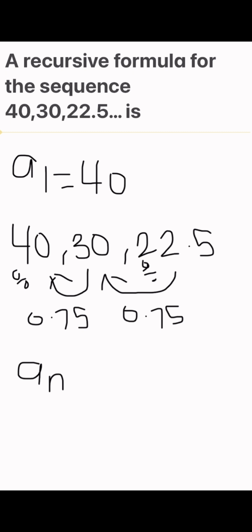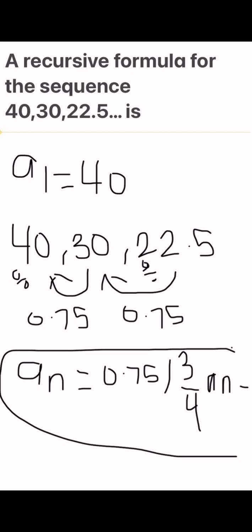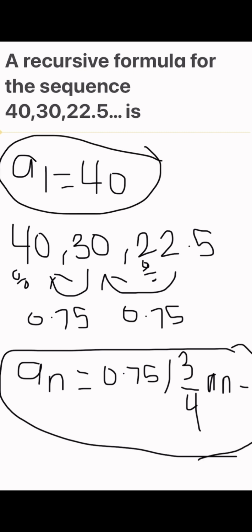A sub n means any term, equals the common ratio, 0.75, or 3 over 4, because those equal the same thing, times a sub n minus 1. And then there you have it. This is your answer. This is the recursive formula for this series, and we always have to state the first term.